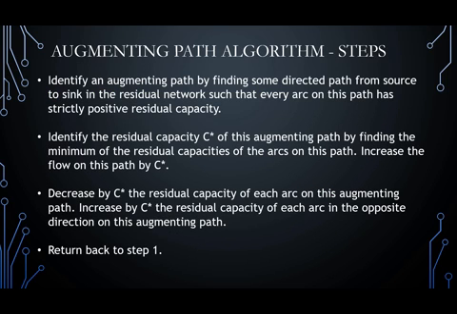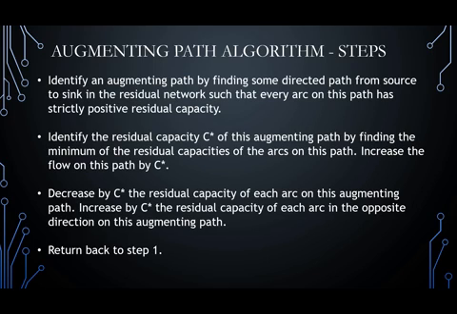These are the steps involved in the algorithm. First, identify an augmenting path by finding some directed path from source to sink in the network, such that every arc on this path has strictly positive residual capacity. What do you mean by strictly positive residual capacity?